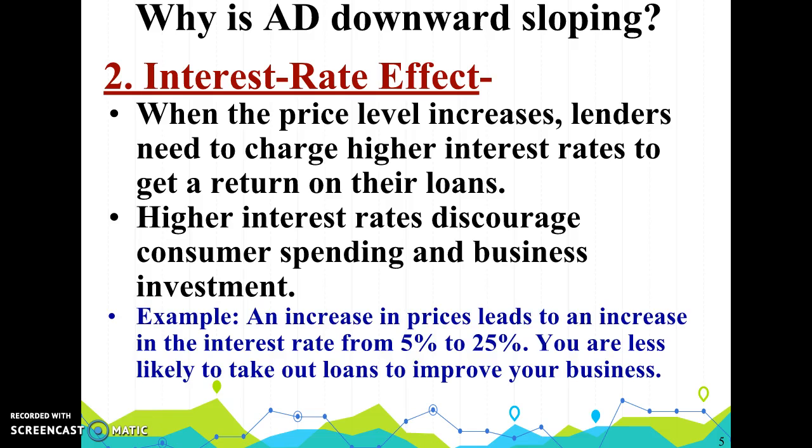You're going to have less to spend. So, for example, interest rate goes up from 5 to 25% because inflationary fears are causing lenders to increase rates. You're not going to open up a new store, right? If you're a business owner, you're not going to take out a loan and open up a new chain because you're afraid of the interest being too expensive. Is that going to shift aggregate demand?